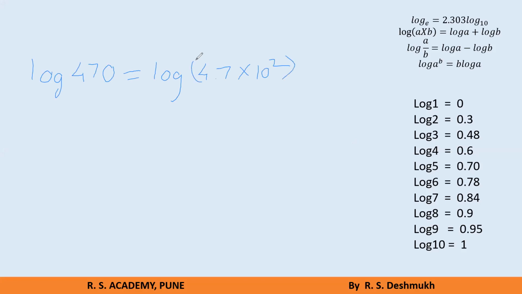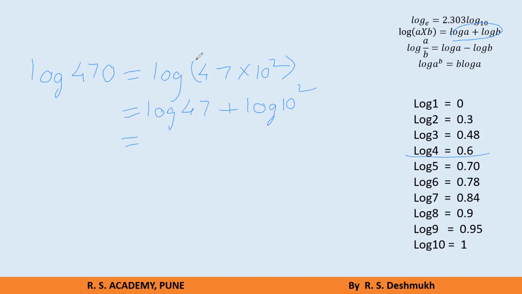Now you can use one identity, that is log of a into b is equal to log a plus log b. So it will become log of 4.7 plus log of 10 raised to 2. So here, whenever you are finding out the log of 4.7, just see here, this is log 4 and this is log 5.